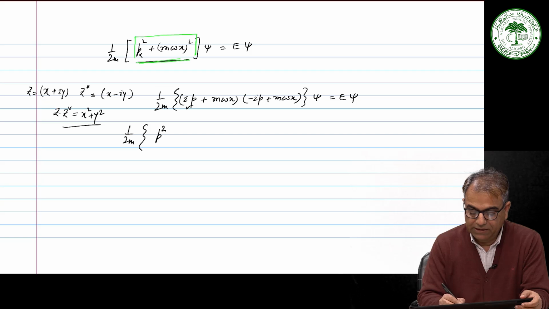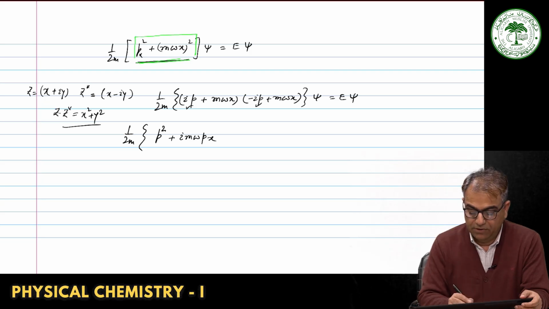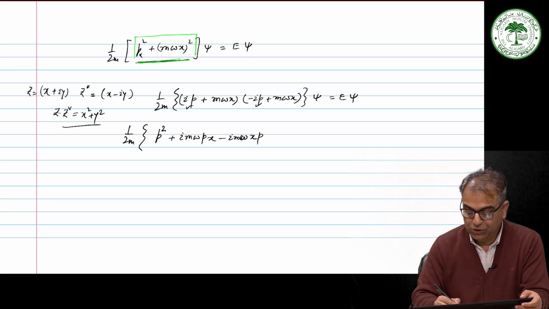So, this multiplied by this we did. Now, you multiply these two and what do you get? You get plus I m omega into P into x, because P will come first, then x. Then you do the next one, multiply this with this one, minus I m omega and x into P, this you should get. And then you multiply these two and these two will be m square omega square x square, psi is equal to E psi.